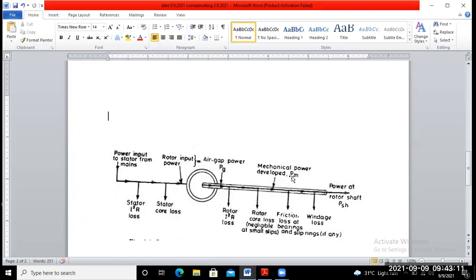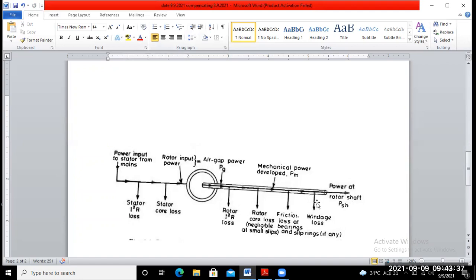And if you subtract the friction and windage losses, then you will get the output power or rotor shaft power, represented by P shaft. So this is all about the losses and power relation from the input to output of the three-phase induction motor.